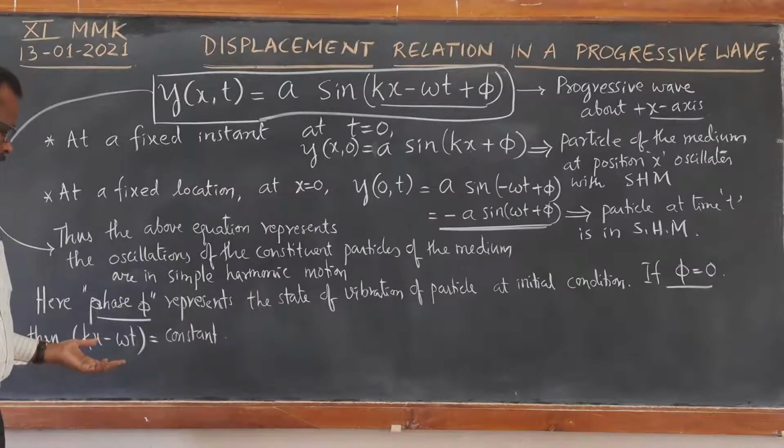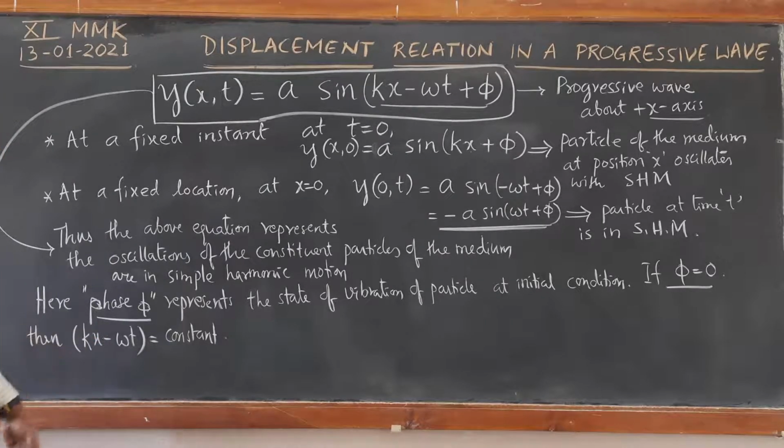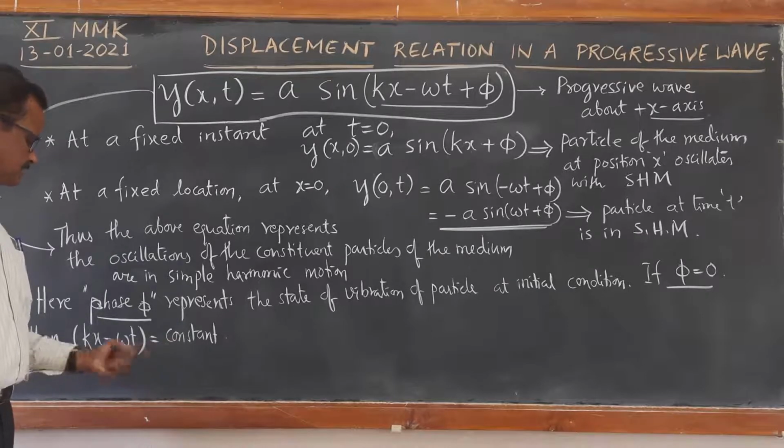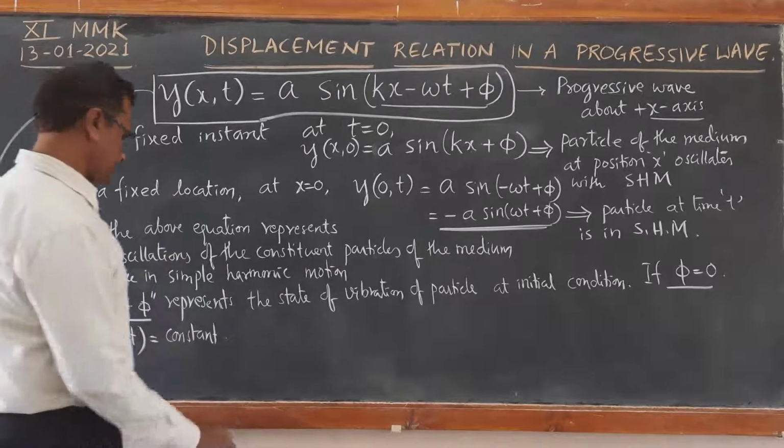Now, if we differentiate this, suppose we take kx minus omega t, instead of constant, as 0 initially.